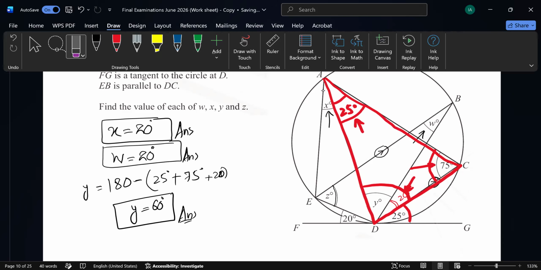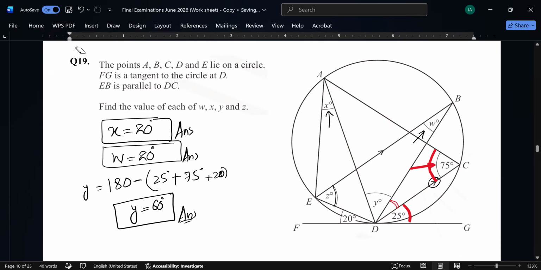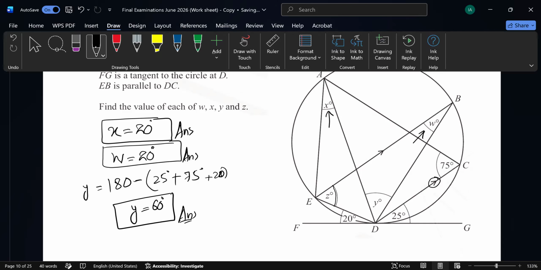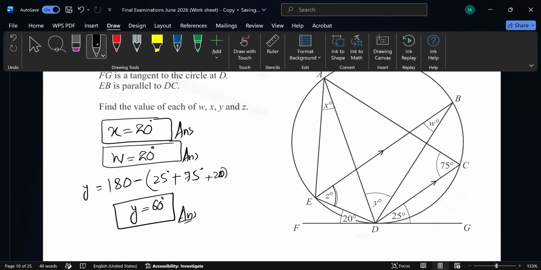First thing first, we clean the diagram so that we can have a good idea what we are doing right now. Now, I'm looking for the value of z.